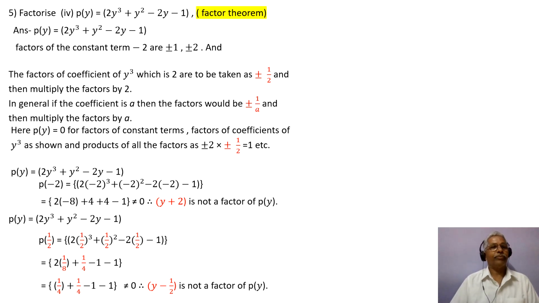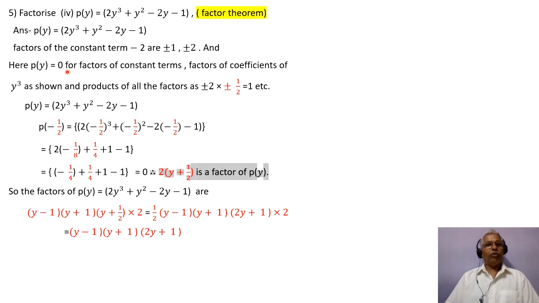Okay, so the same problem continues. Now p of minus half: p(-1/2) equals 2 into (-1/2)^3 plus (-1/2)^2 minus 2 into (-1/2) minus 1. If you solve this, you get 2 into -1/8 plus 1/4 plus 1 minus 1. So this will be -1/4 plus 1/4 plus 1 minus 1, which comes out to be 0.